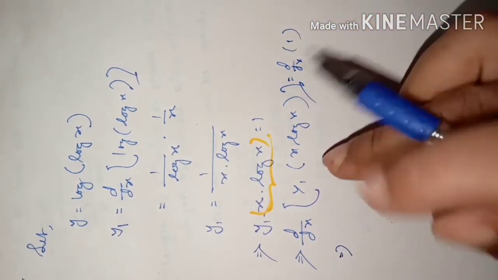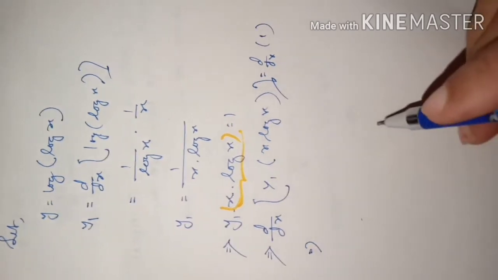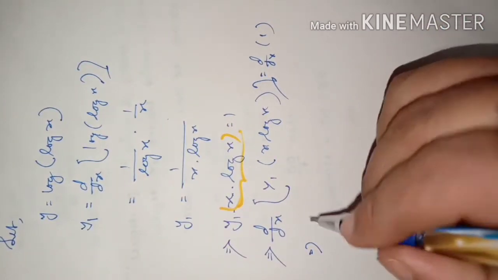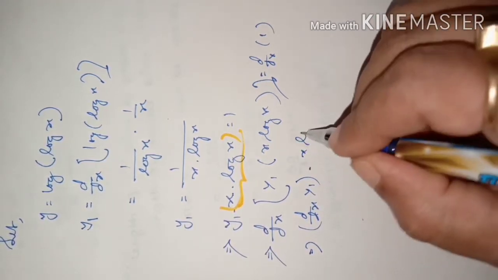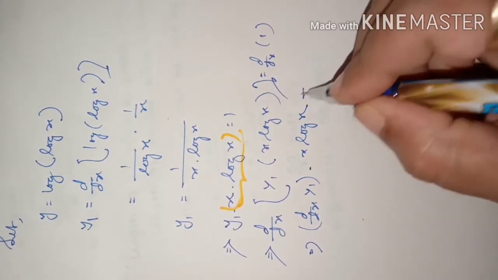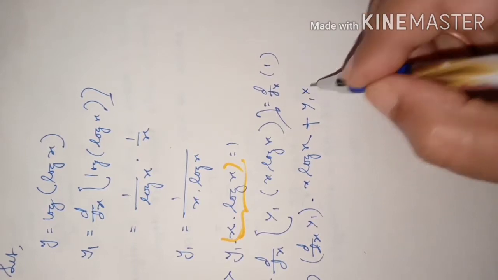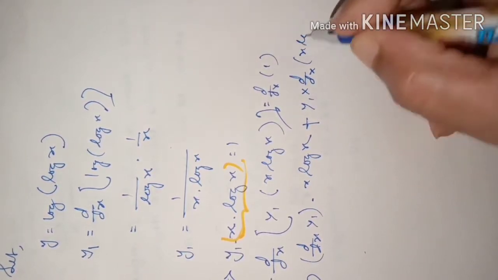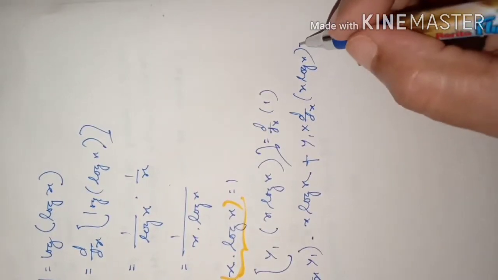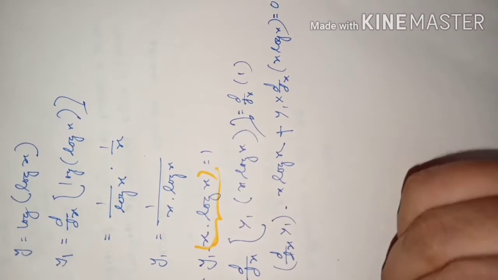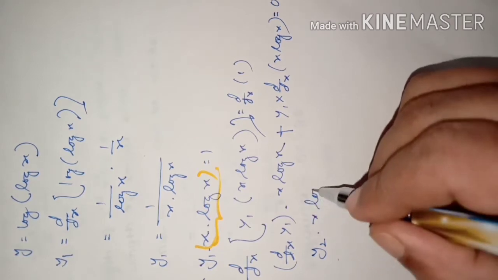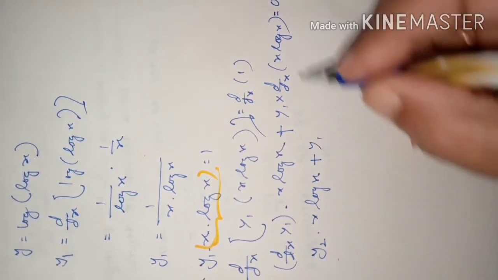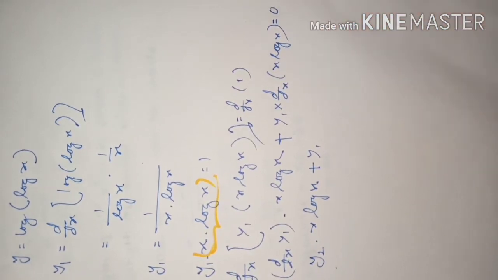Now treating this as a product, by using the product rule, d/dx of y1 is y2, into x log x, plus y1 into d/dx of x log x, is equal to d/dx of 1, which is 0. So it will be y2 into x log x plus y1 into d/dx of x log x, which can again be treated as a product of two functions, u into v.